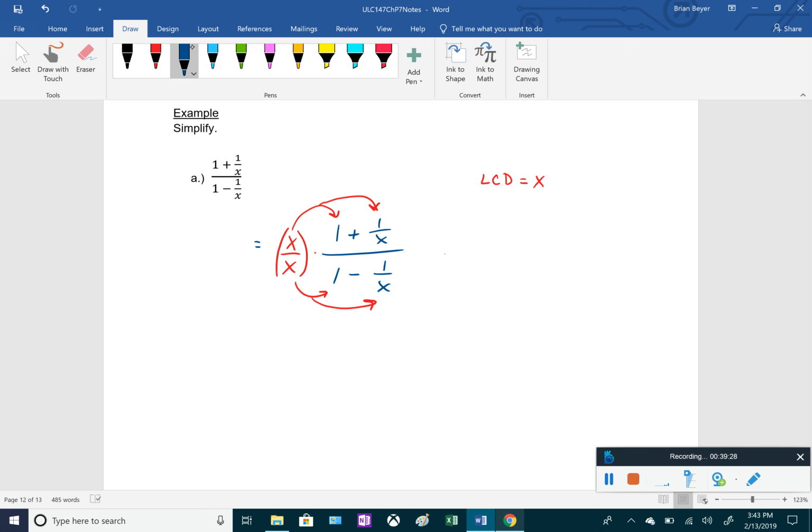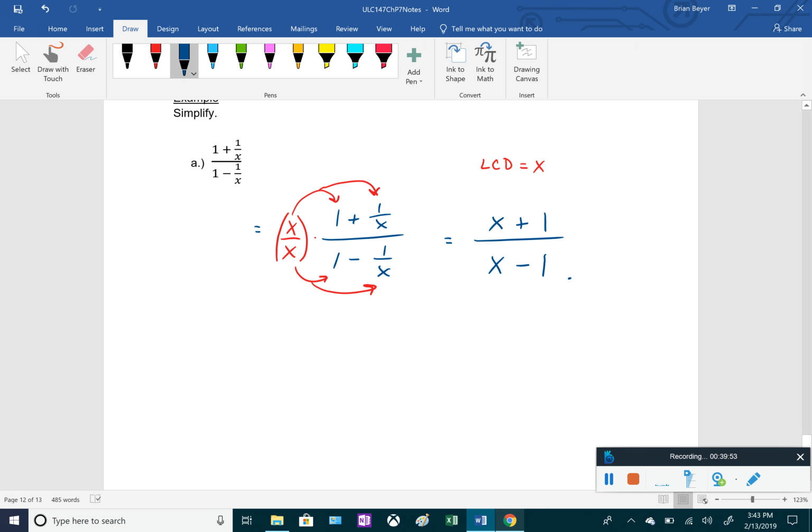So multiplying that through, x times 1 is x, and x times 1 over x is 1. Next, in the denominator, x times 1 is x, minus x times 1 over x is 1. So this whole thing is x plus 1 over x minus 1, which is a lot cleaner, right?